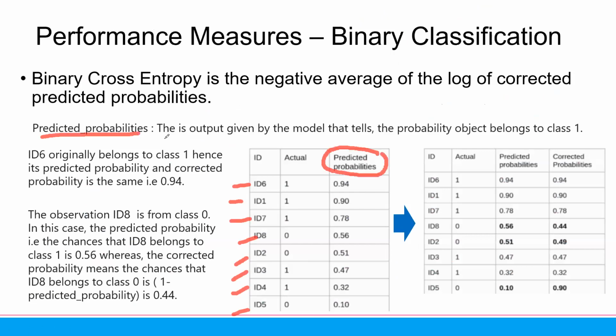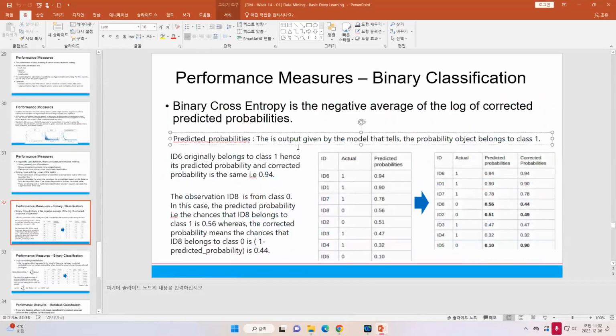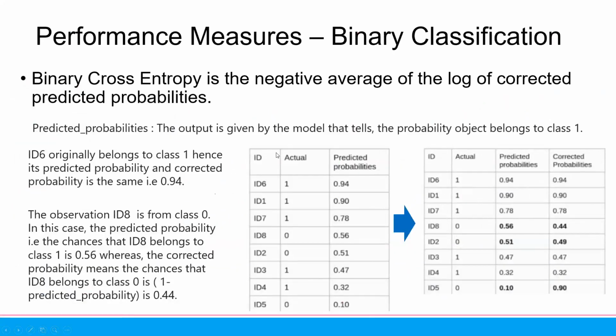Oh, my typo here. The output is given by the model that tells the probability the object belongs to class 1.